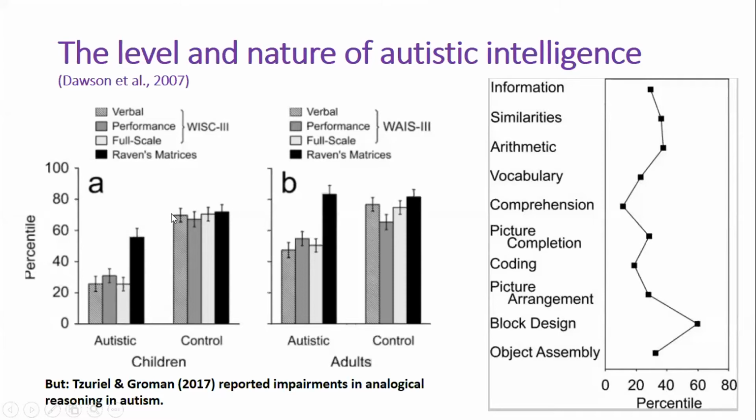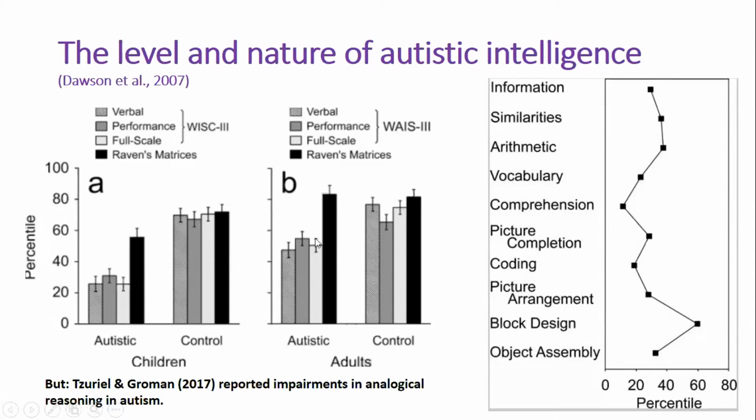And so if you look at the results from typically developing people, you can see that whatever way you measure their level of intelligence, you get a very similar IQ score, which is what you would expect. But if you give the same intelligence test to autistic people, what you might find is that on the Wechsler intelligence scale, they might perform way below the level that they perform on Raven's matrices.